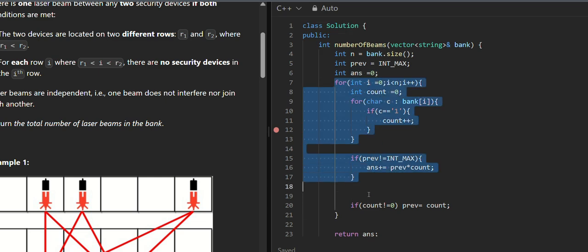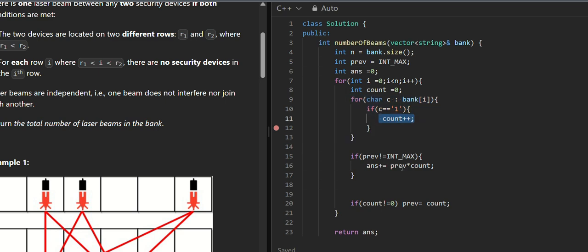I have a for loop, and I am counting the security devices by traversing through the string. If the character equals 1, I increment the count.